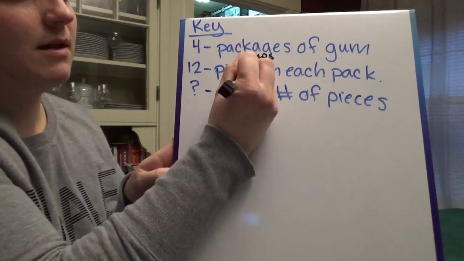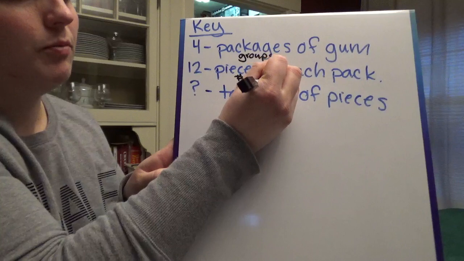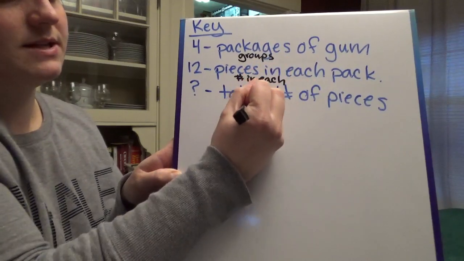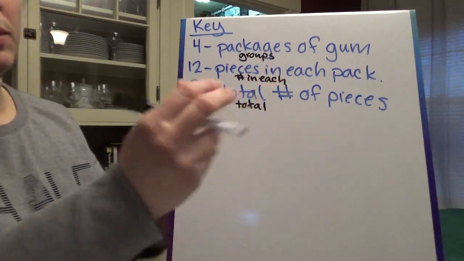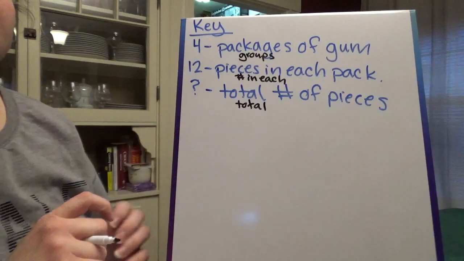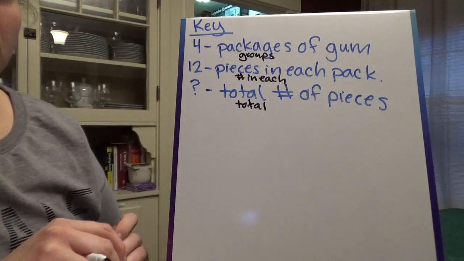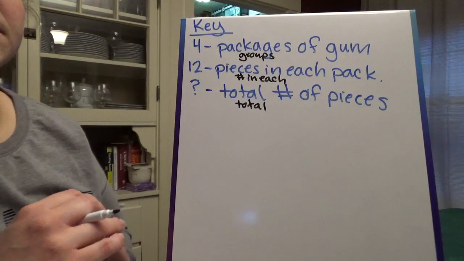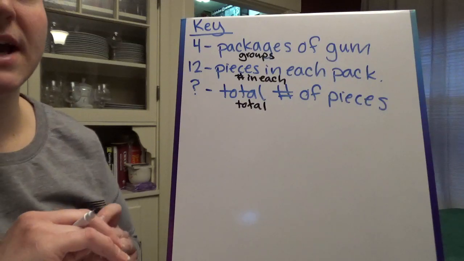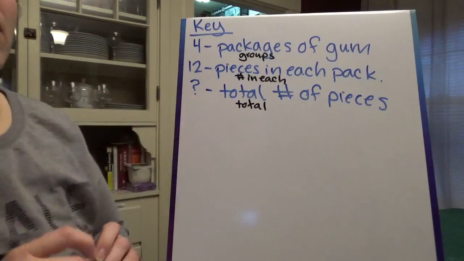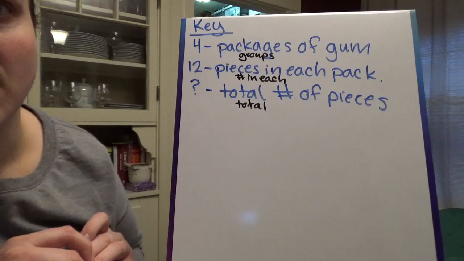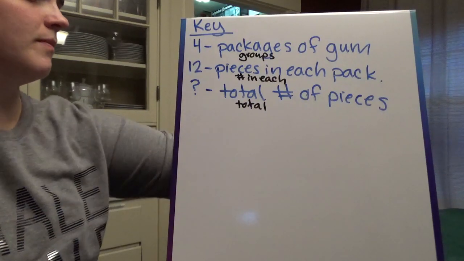This represents the number in each group, and this represents our total. So because we're missing our total, we need to solve with multiplication. Write your multiplication number sentence and take about 45 seconds to figure out what the total number of pieces of gum is. Go ahead.